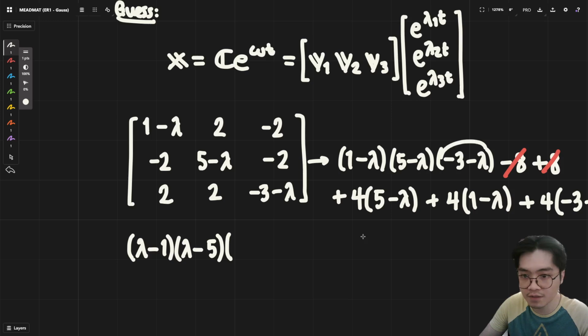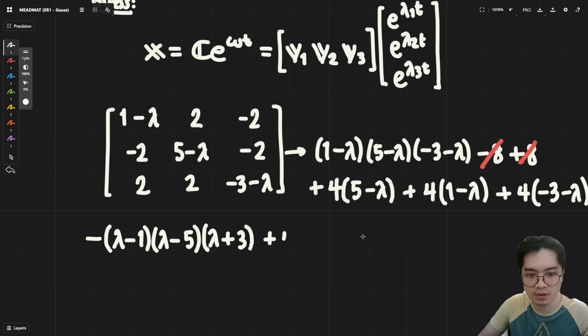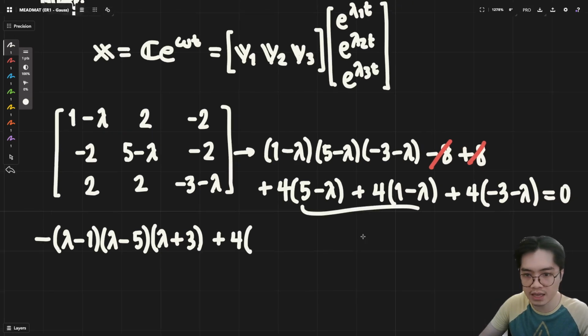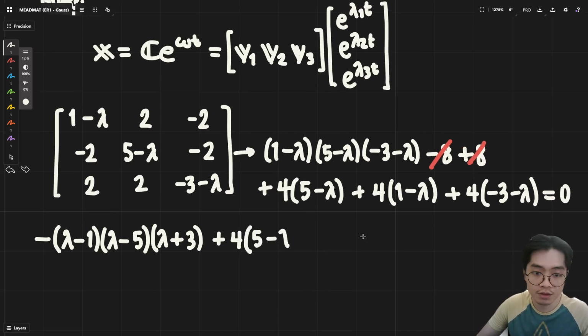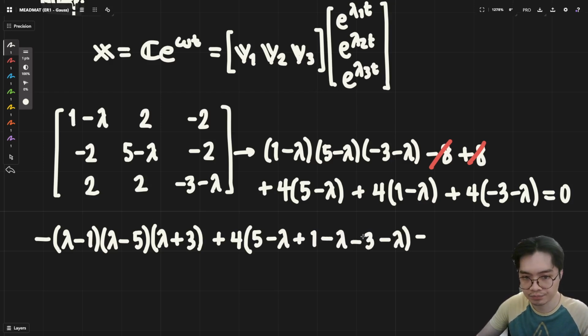And honestly, I can flip this as well, or rather I can get the negative sign from that and put it in the front. And now this is plus 3. And now we will have 4 times basically everything in here. All of them have a common factor of 4. So I'm just adding everything here together.